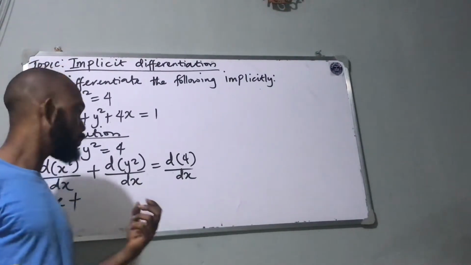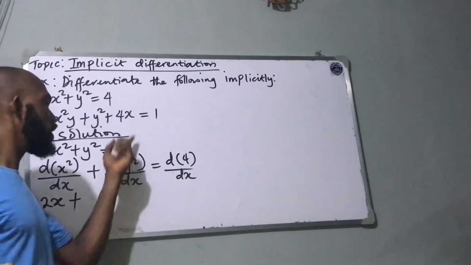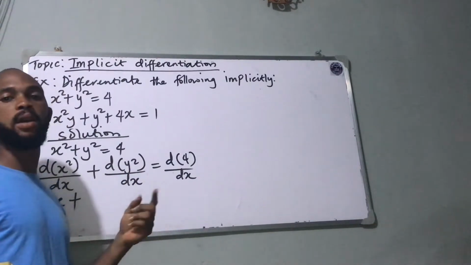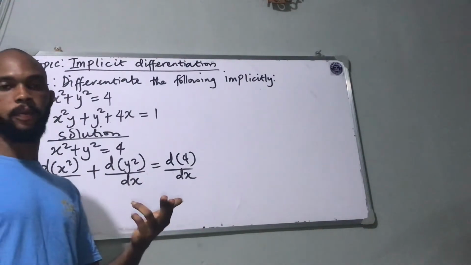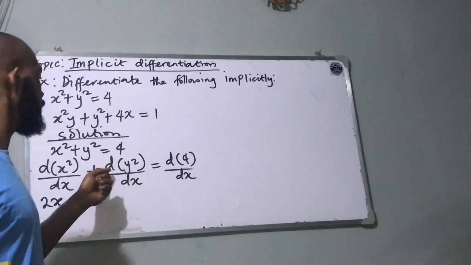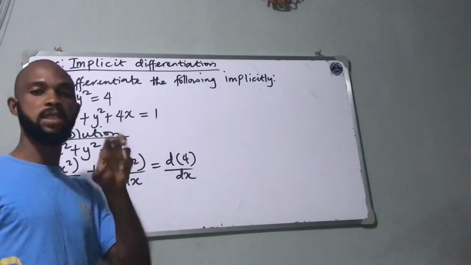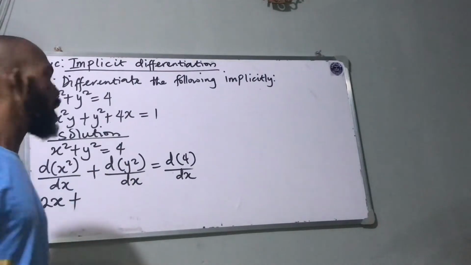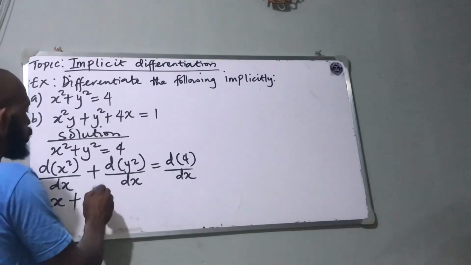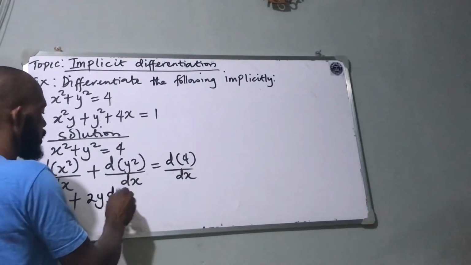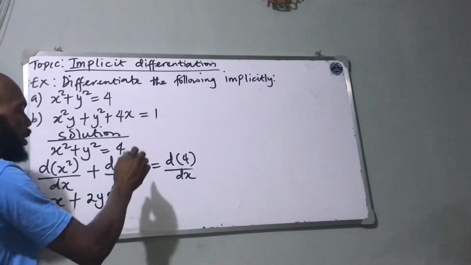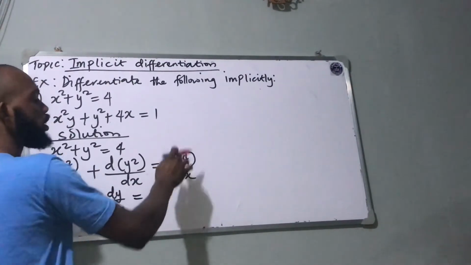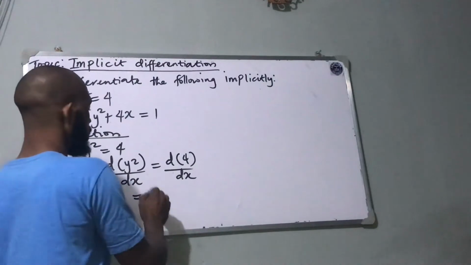So whenever I differentiate y squared, for example, y squared gives 2y. Because this is dy over dx, which is our differentiation, it will multiply the 2 and we'll be left with 2y dy dx. Okay, this equals the differentiation of a constant, which is always 0.